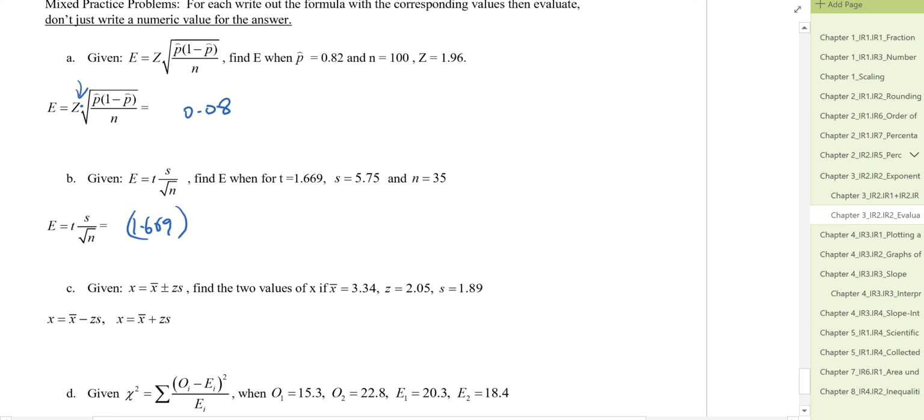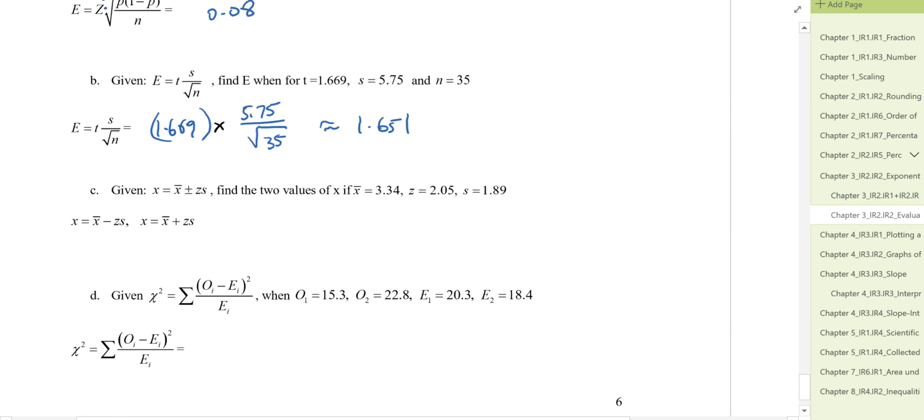Now this is a multiply, so on your calculator, make sure you put a multiplication sign, and then do S. S is 5.75 over, this means division here, and then the square root of N. N is 35. And when you calculate that one, you get approximately 1.651. Notice I keep 3 decimal places here because one of them has 3 decimals. I just follow the one with the maximum.